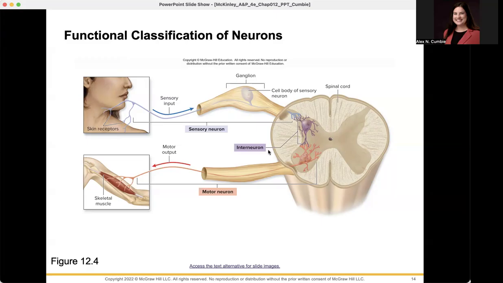And some of these interneurons can be very long or form long chains so that they make sure that we connect one to the other. So this interneuron is connecting the signaling between the sensory neuron and the motor neuron. And the motor neuron is sending signals away from the spinal cord, from the CNS to an effector, which in this case is a skeletal muscle.